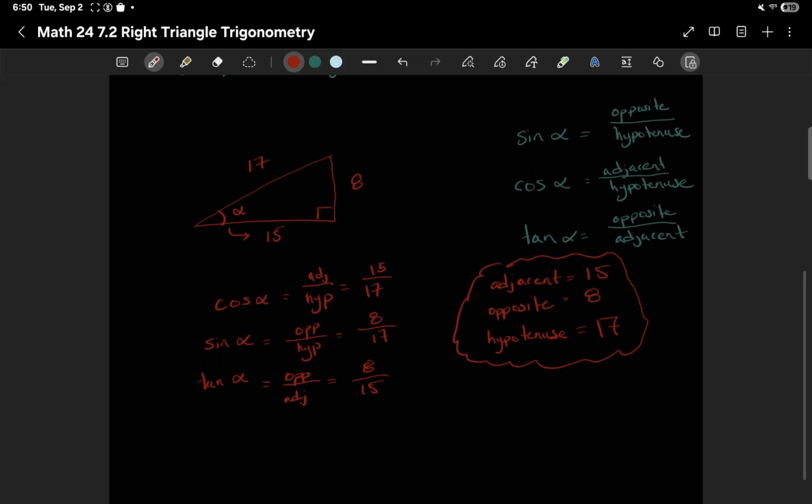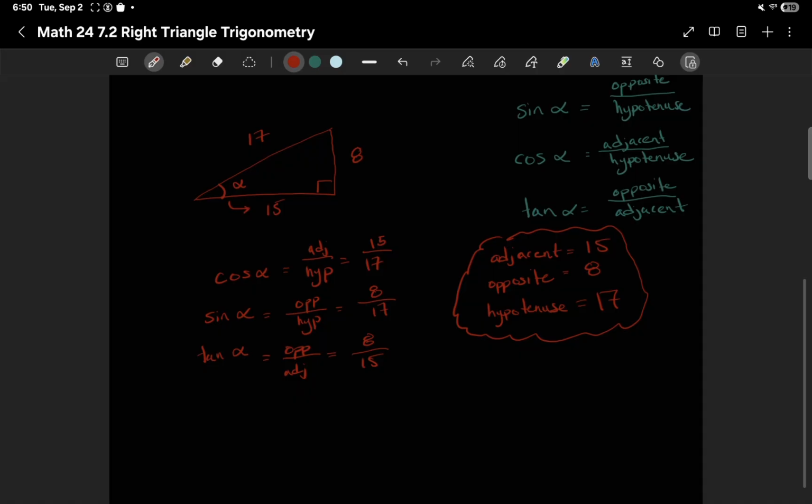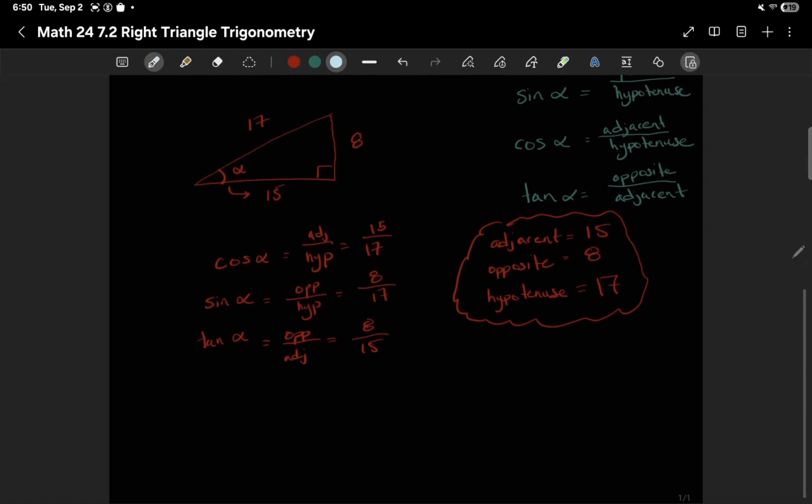So one thing I want to make clear is that I will use a different triangle here. If I were to redraw that a little better, if I were to call this angle alpha instead, then the bottom part of the triangle becomes my opposite.